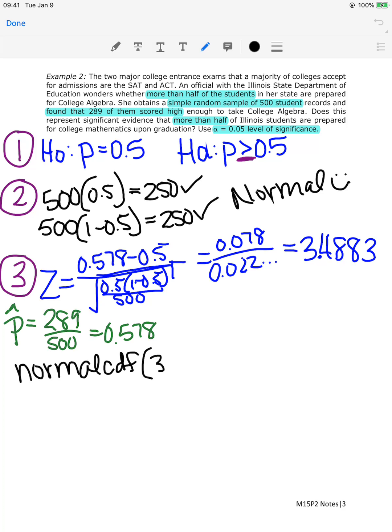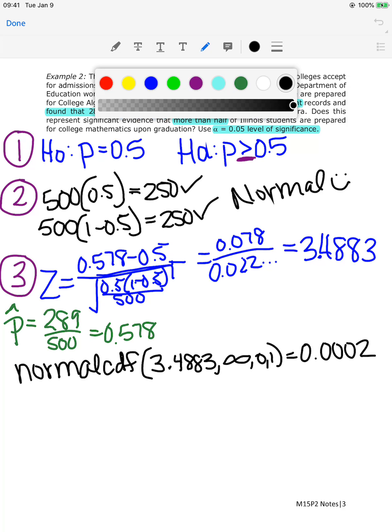Our first value is going to be 3.4883, followed by infinity or 1 million, and then 0 and 1. So 3.4883, 1 million, and we get a very small number, 0.0002.